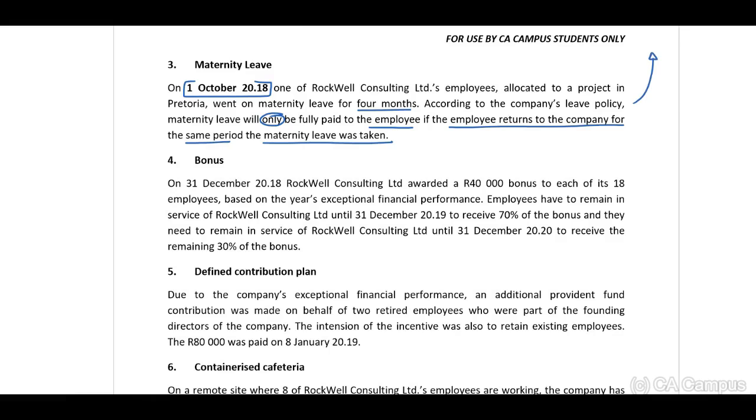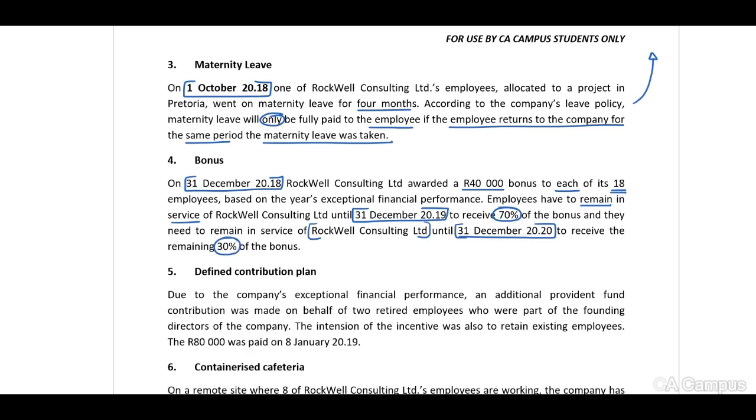4. Bonus. On 31 December 2018, Rockwell Consulting Limited awarded a 40,000 Rand bonus to each of its 18 employees based on the year's exceptional financial performance. Employees have to remain in the service of Rockwell Consulting Limited until 31 December 2019 to receive 70% of the bonus. And they need to remain in the service until 31 December 2020 to receive the remaining 30% of the bonus.